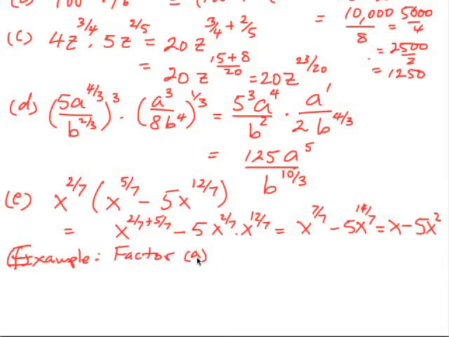Alright, part A, let's suppose we want to factor 14x to the -4 plus 21x to the -3. Right, now if you look at this one here, clearly 7 is a common factor.